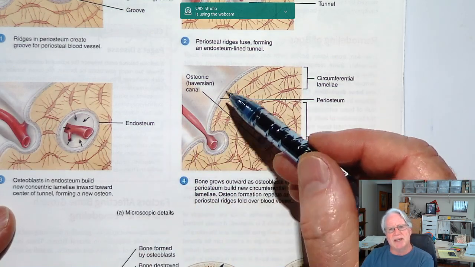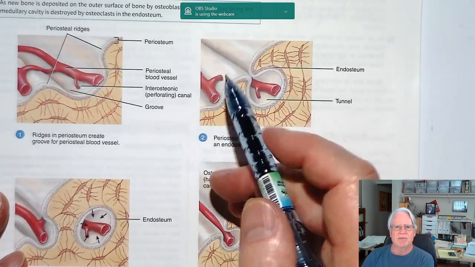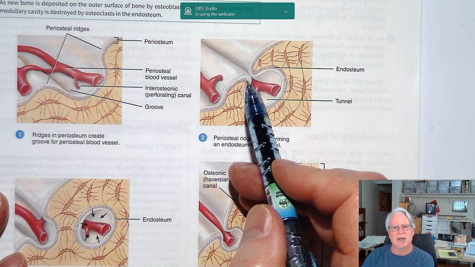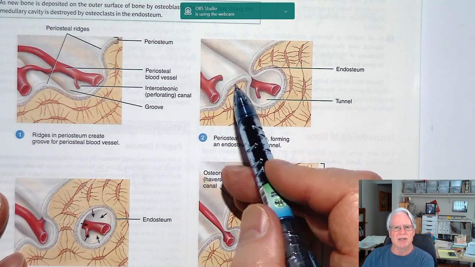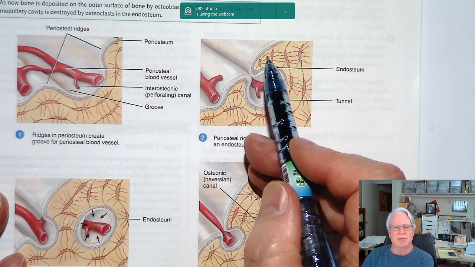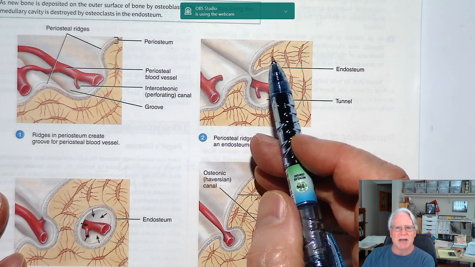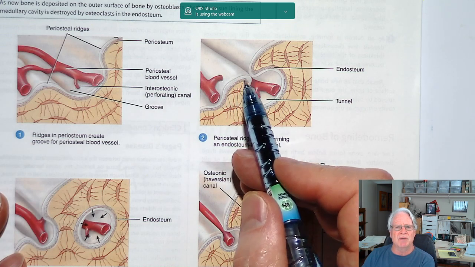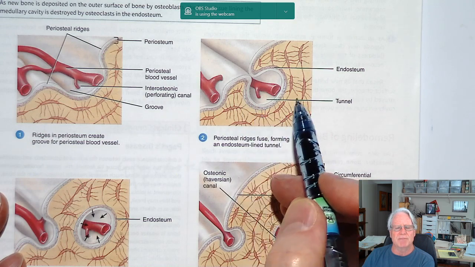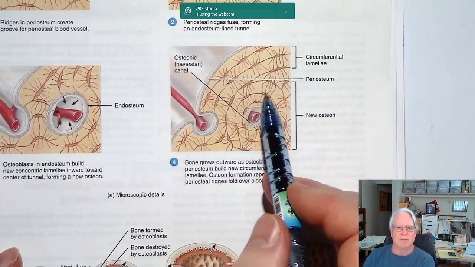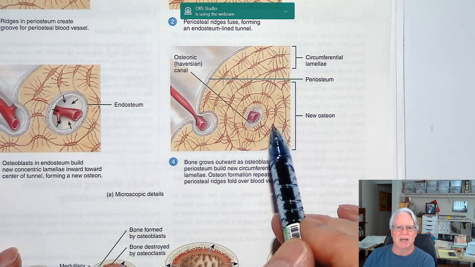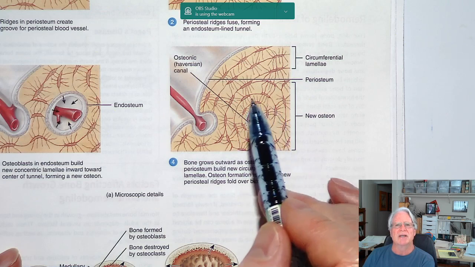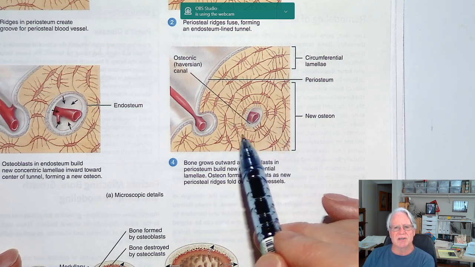So growth is being added here at the edge, and here at the edge. Initially that growth is going to be spongy bone, and then it's transformed into compact bone. In the images you're looking at, it looks like we're simply adding compact bone. Not true. We're adding a very, very thin layer of spongy bone, which is being remodeled at the same time to create the compact bone. Then we end up with this situation right here, where we have a series of concentric circles of mineralized bone tissue surrounding a central blood vessel.